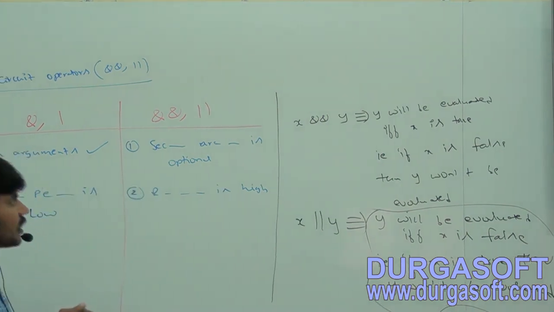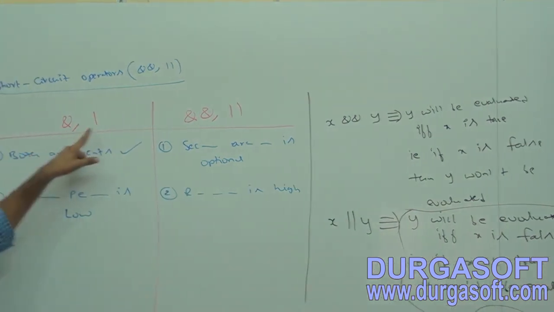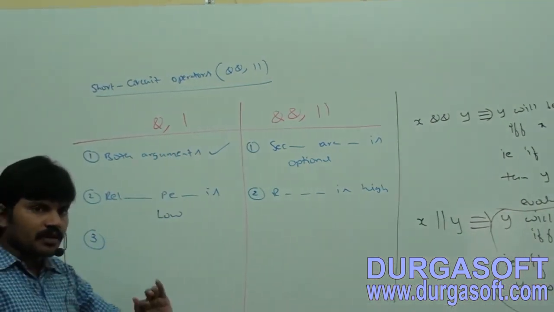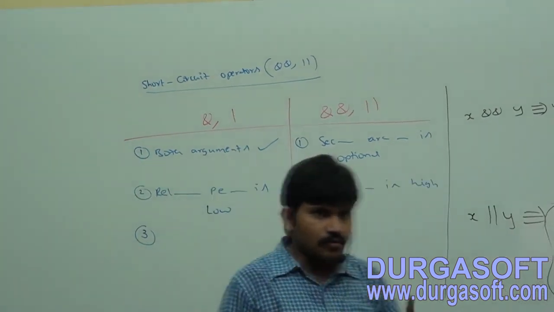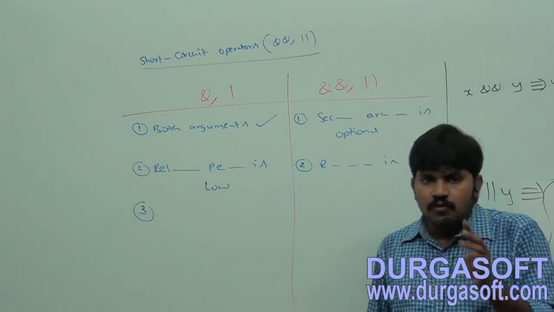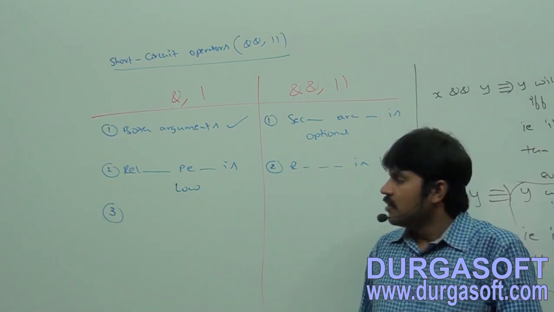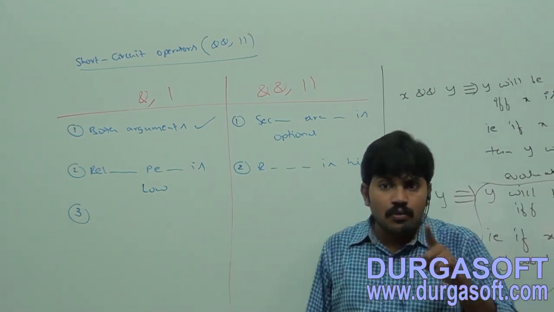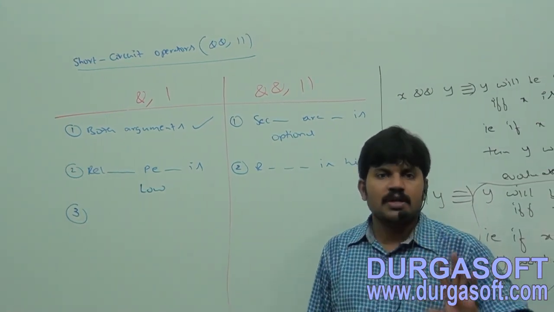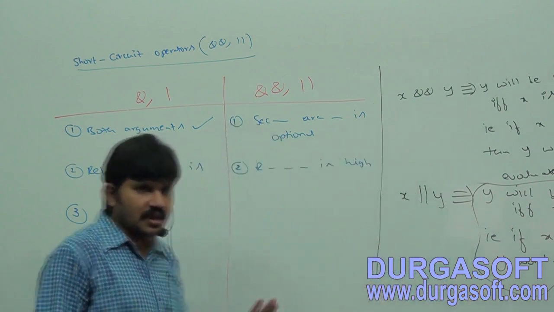But the normal AND and normal OR operators, we can apply for Boolean types and we can apply for integral types. But the short circuit operators are applicable only for Boolean, but not for integral types. Is it clear, right? Okay.